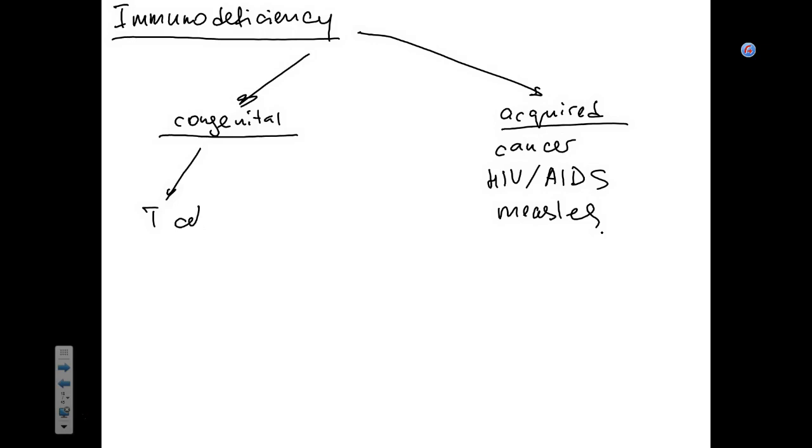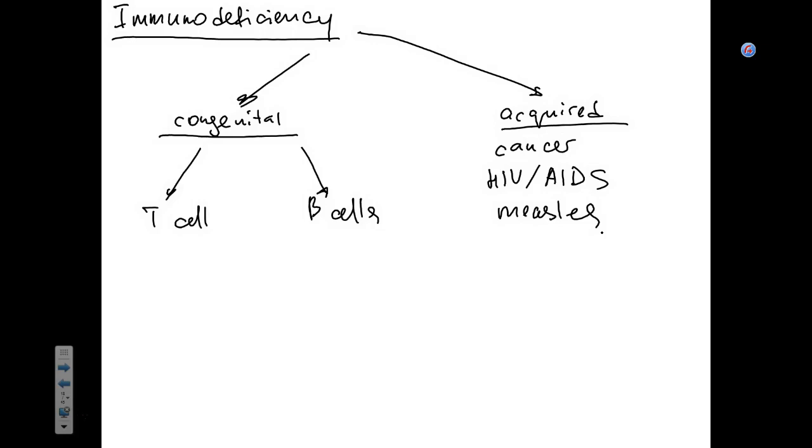T cells and B cells. In terms of the deficiency, what options do we have here? In terms of the numbers of B cells, don't have enough, that's leukemia, that's cancer, but don't have any. So either you have a little or don't have any.